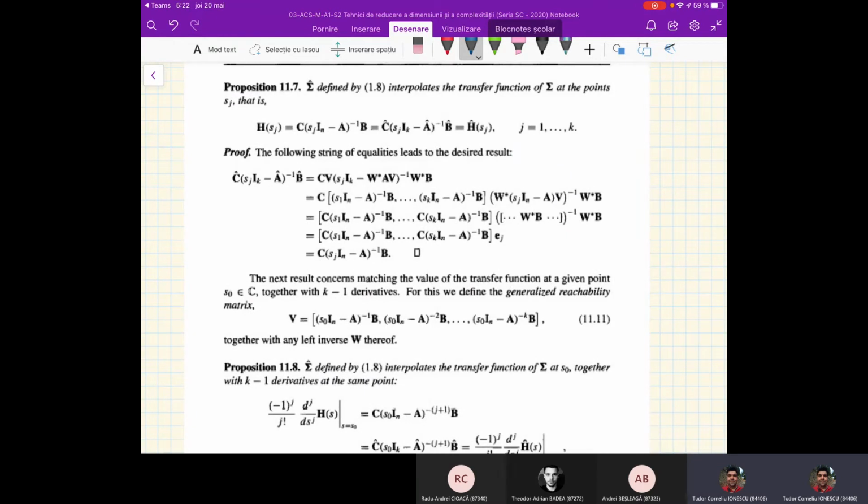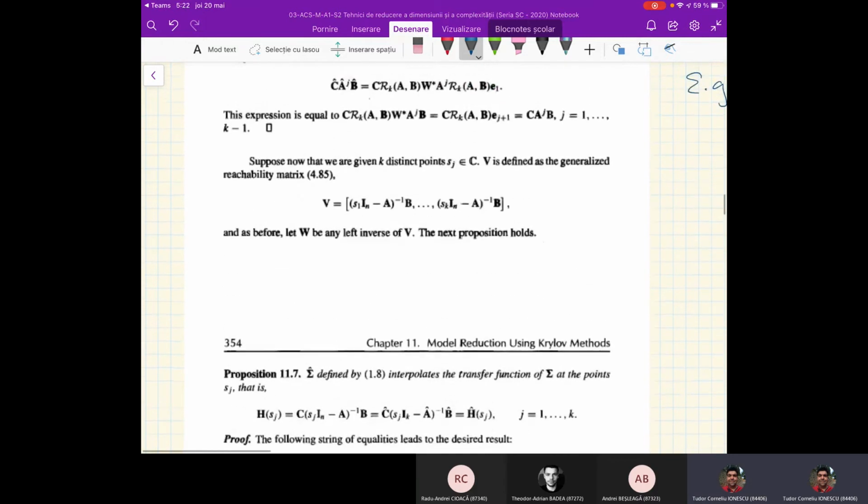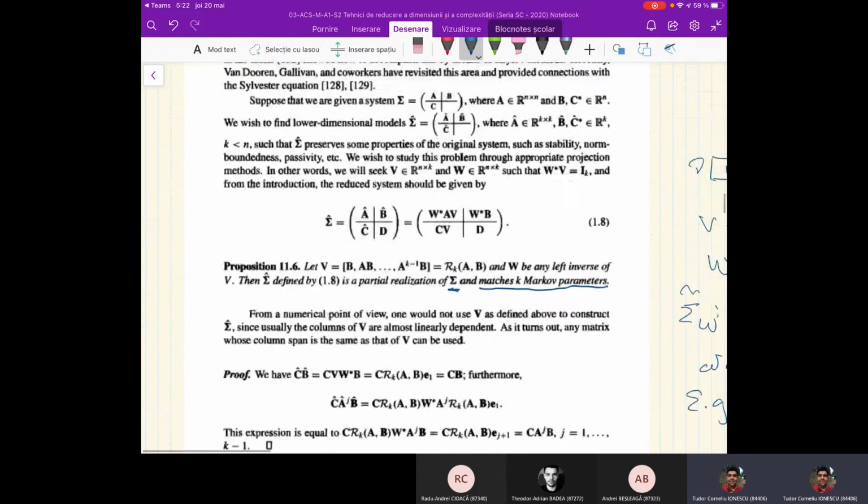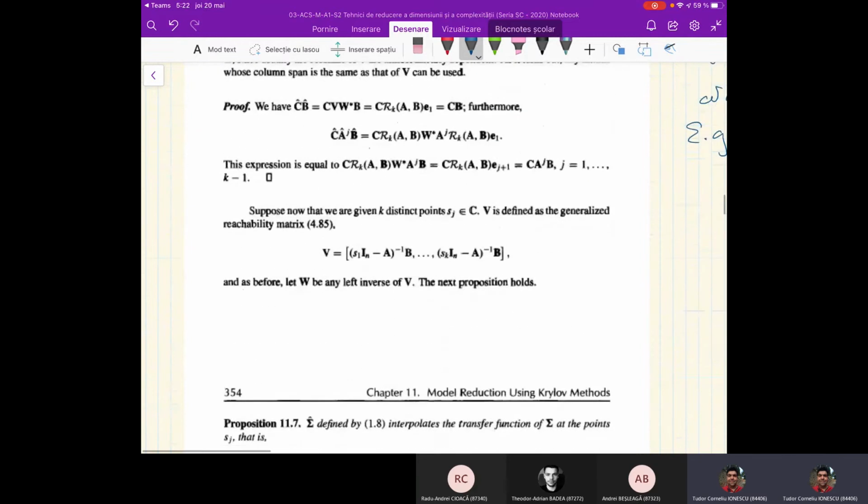Furthermore, note that sigma hat defined by the 1.8 interpolates the transfer function of the original system sigma at all points Sj. But who is Sj actually? Oh, sorry, this is different. Now suppose we have, so this is about Markov parameters. Suppose now that we have distinct points Sj in the complex plane.